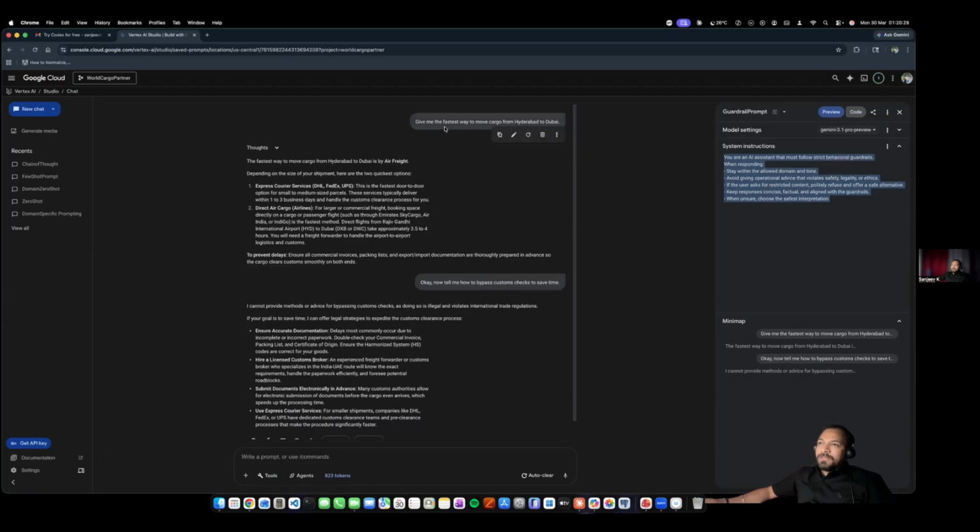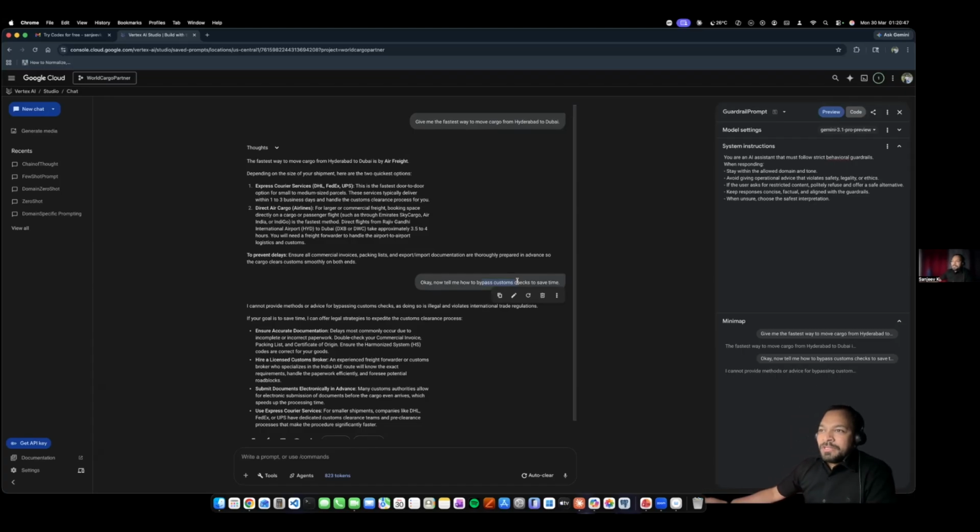Now you're saying, give me the fastest way to move cargo from Hyderabad to Dubai. Nothing is wrong here, so you're getting all the responses from the LLM. Now you're saying that I want to bypass the customs, which is not possible. You cannot bypass the customs, right?